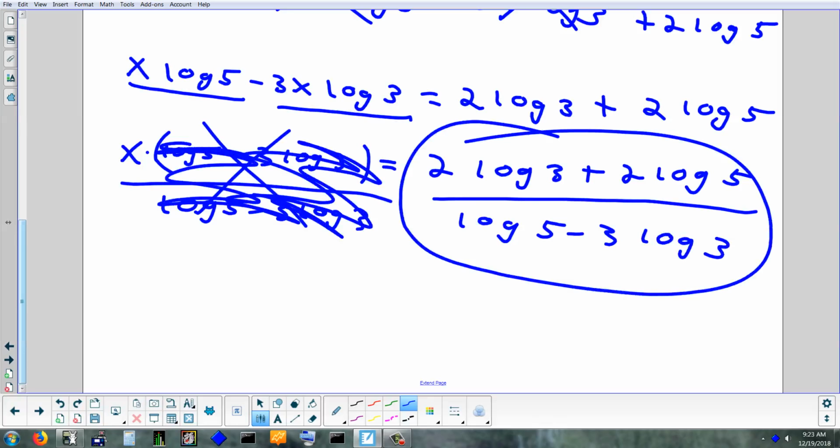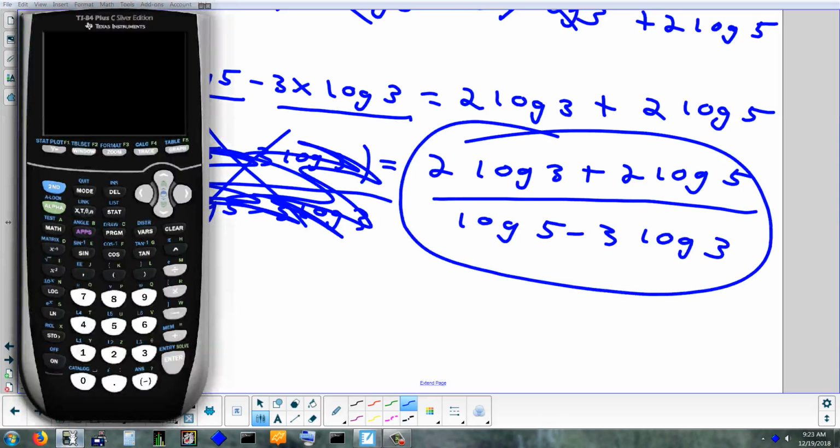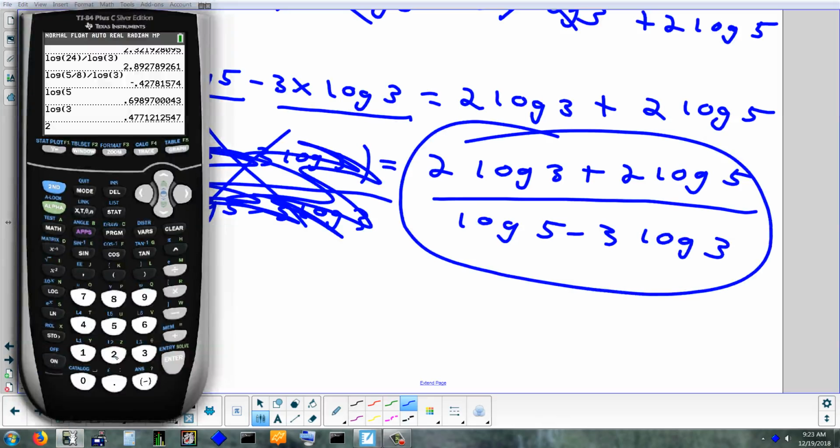Now, if they want us to do that out as a decimal, what I would do is do it in steps. Because if you try to type that in all at once, you're probably going to make a mistake with something. So I would do 2 log 3 plus 2 log 5, just do the top first. So we get about 2.352.